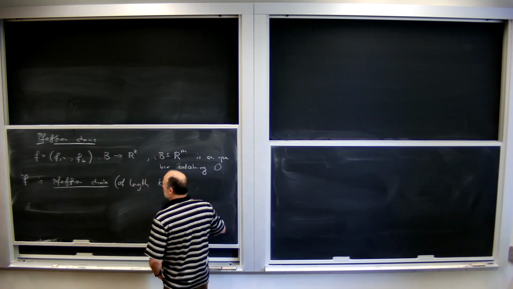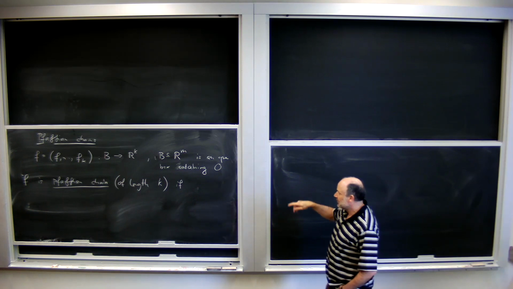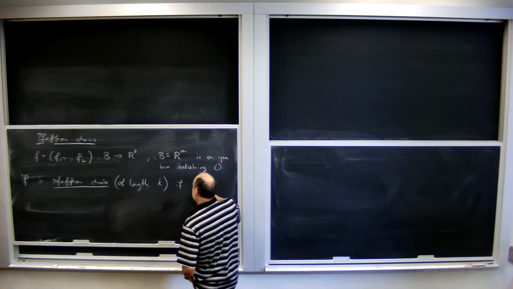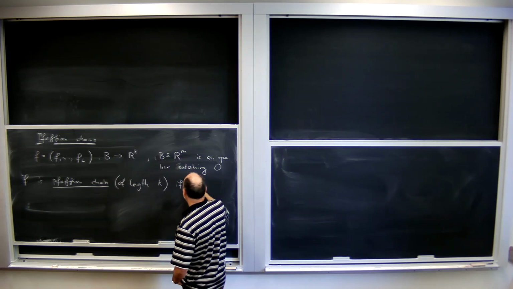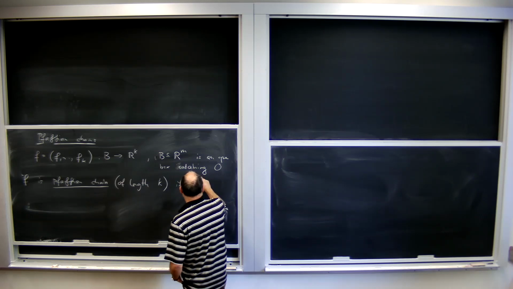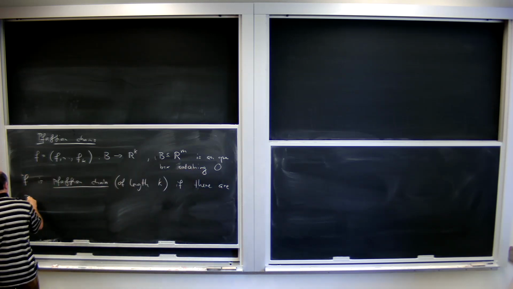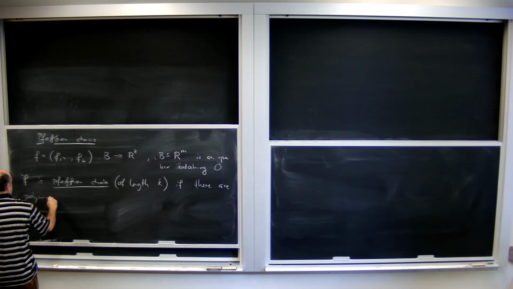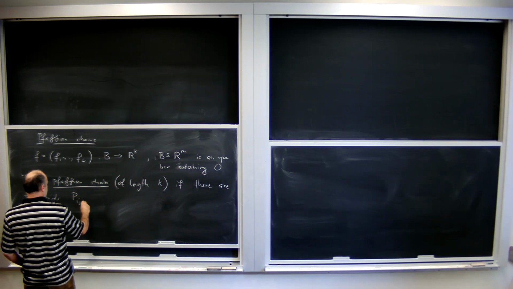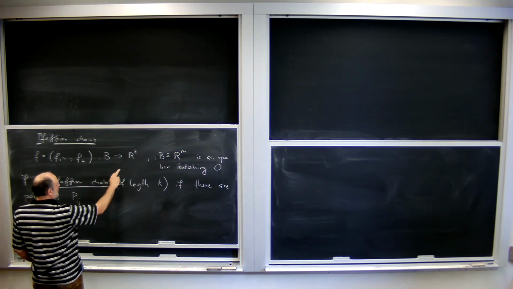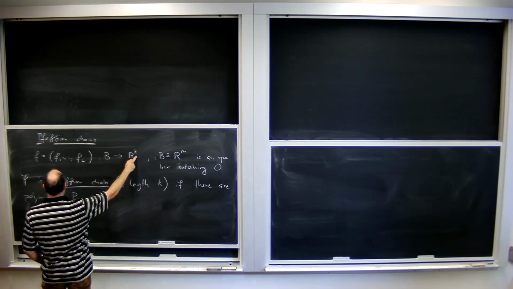If all the partial derivatives of every map in the chain satisfy a system of differential equations that's triangular in the following sense. So there are polynomials P_ij, and we have m variables here and k variables here.